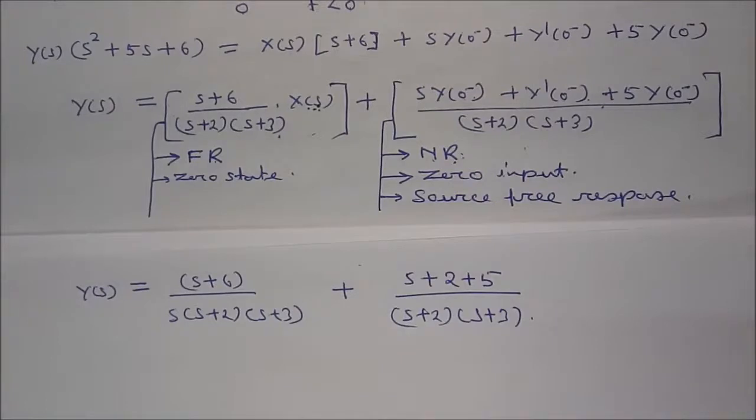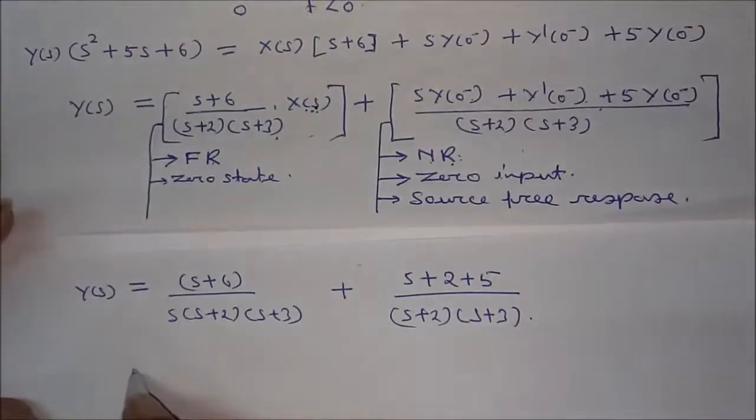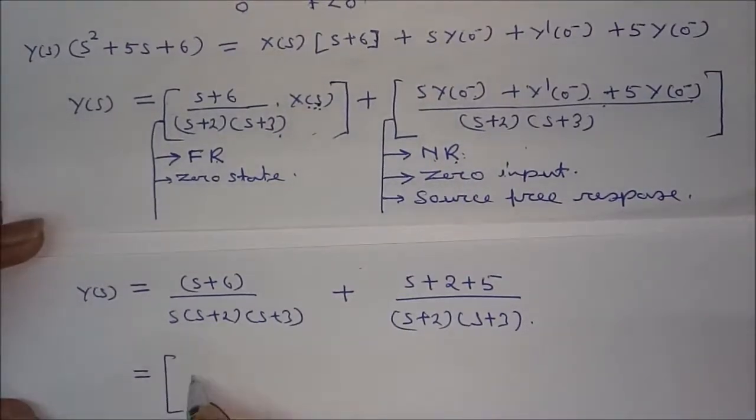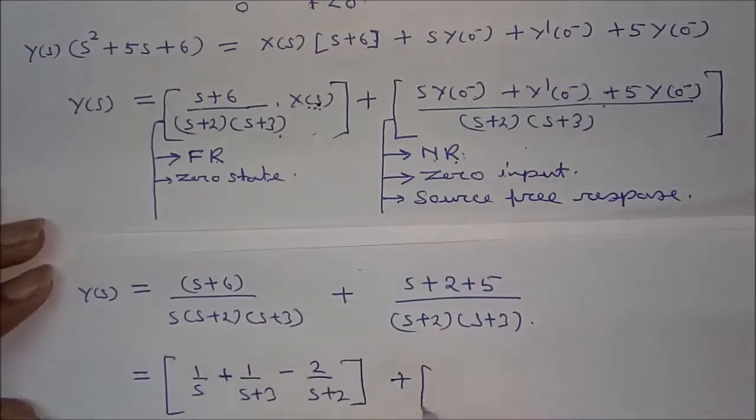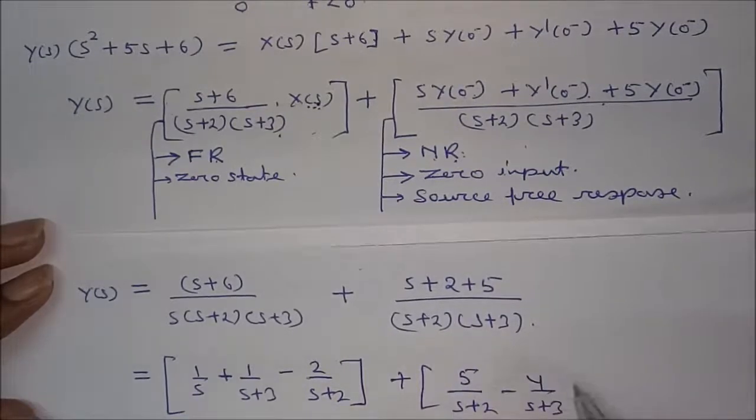Now making its partial fraction, I will get 1 by s plus 1 by s plus 3 minus 2 by s plus 2, plus 5 by s plus 2 minus 4 by s plus 3.